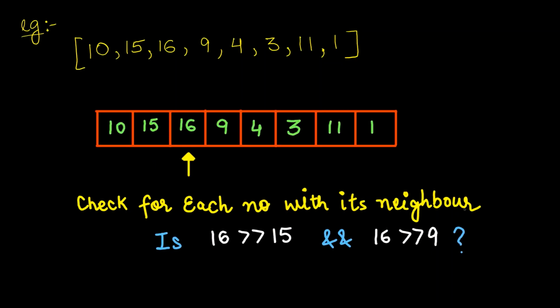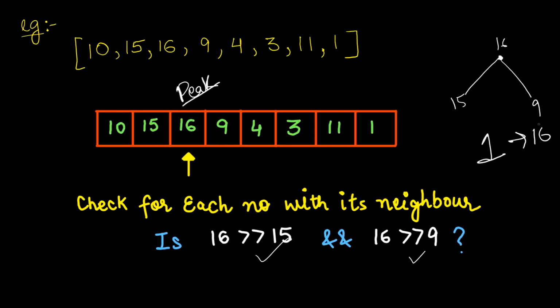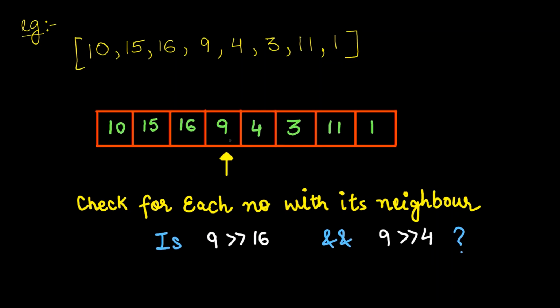Next, is 16 greater than 15 and also 16 greater than 9? That means 16 here, and here we will have 15 and here we will have 9. So it is making a peak. That means we got the first peak, which is 16. Now we will check the other numbers. 9. Is 9 greater than 16? No. Then we will check 4.